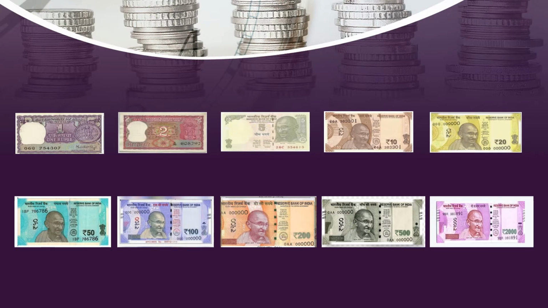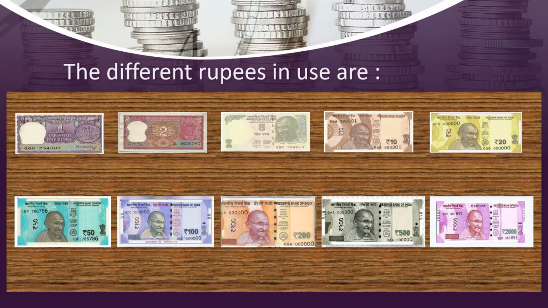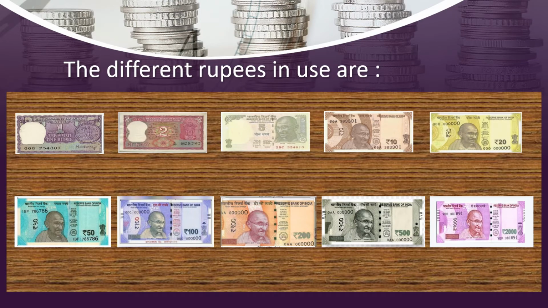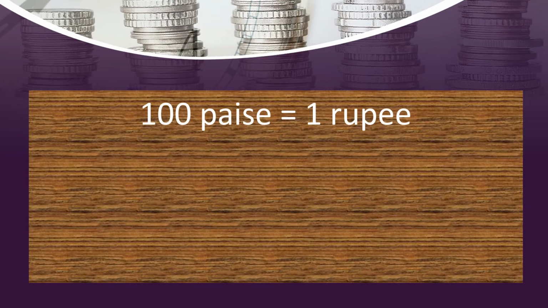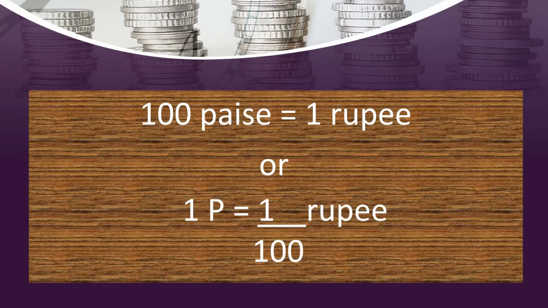The different denominations of paper notes in use today are rupee 1, rupees 2, rupees 5, 10 rupees, 20 rupees, 50 rupees, 100 rupees, 200 rupees, 500 rupees and 2000 rupees. 100 paise is equal to 1 rupee, or I can write 1 paisa is equal to 1 by 100 rupee.